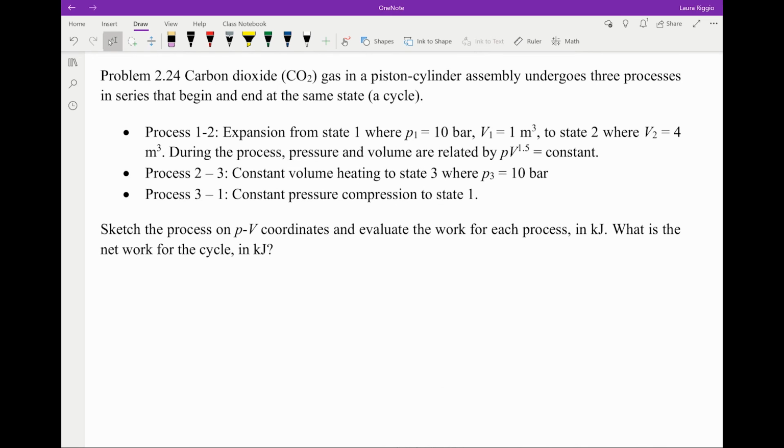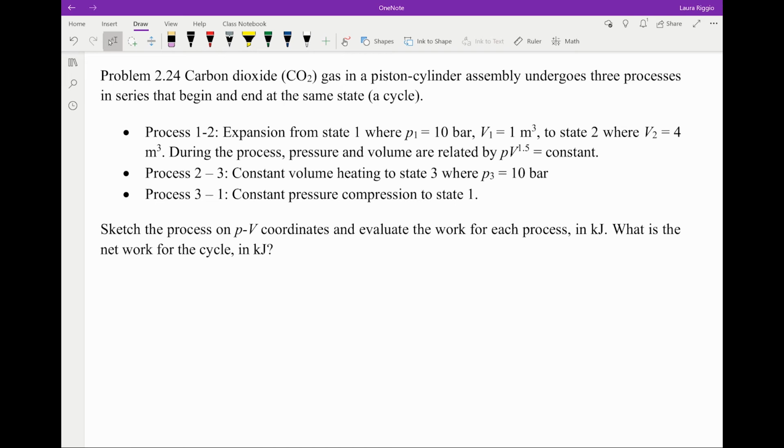We have carbon dioxide as a gas in a piston cylinder assembly. It undergoes 3 processes in series that begin and end at the same state, so it undergoes a cycle. Process 1 to 2 is expansion from state 1, where P1 is 10 bar and V1 is 1 meter cubed, to state 2, where V2 is 4 meters cubed. During the process, our pressure volume relationship is PV^1.5 equals a constant.